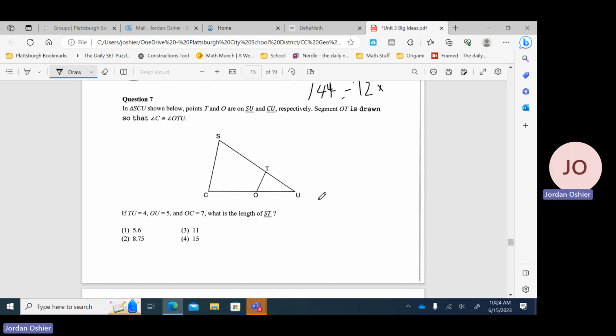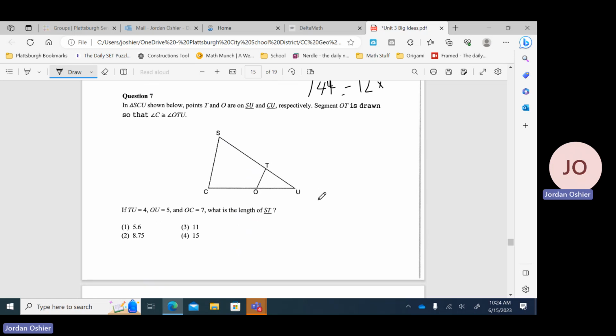Again, we have triangles. This is almost like the one we just did a little while ago. Angle C is congruent to angle OTU, and then they share angle U, so that's where the similarity relationship comes from. TU is 4, OU is 5, OC is 7. What's the length of ST? So this is almost the identical question we did.